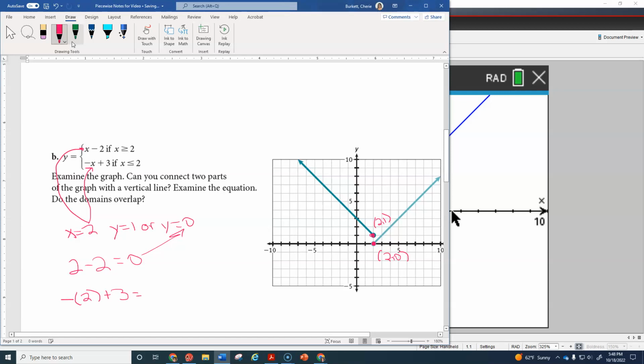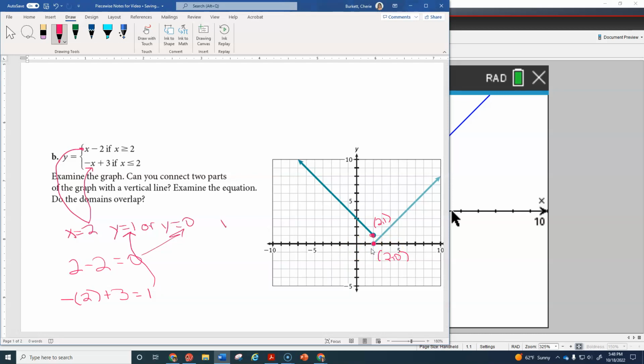Negative 2 plus 3 equals positive 1. That's where I get this answer right here. So algebraically, I plug it in, and graphically, I just go to the given x value and try to find the y value. So let's do another one.